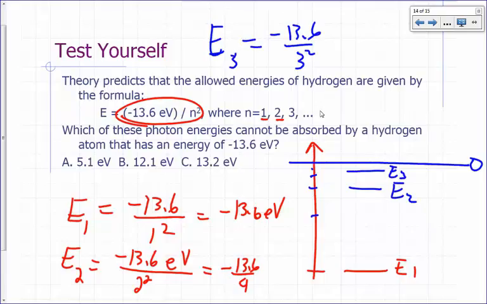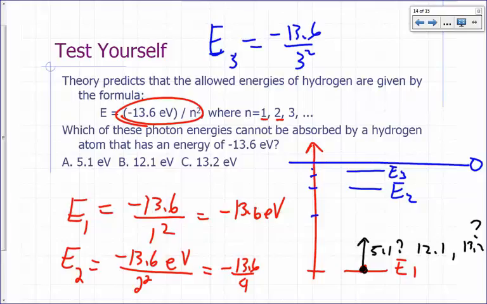Okay. So let's say you have a hydrogen atom that has an energy equal to E1, which is negative 13.6 electron volts. Which of these photon energies cannot be absorbed by the hydrogen atom? Can it absorb 5.1, 12.1 or 13.2? Which of these cannot be absorbed?